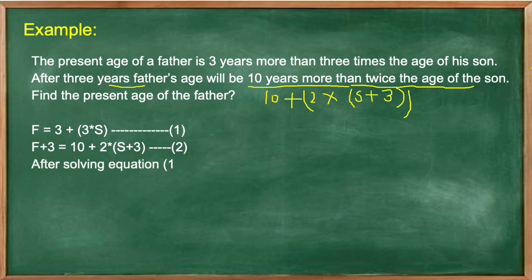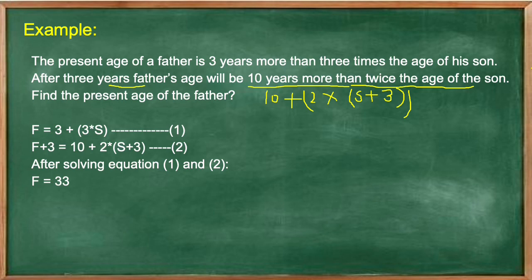And after solving these equations 1 and 2, F is equal to 33. I hope you know how to solve these equations. If not, I will give you a hint. See, the value of F from equation 1 can be substituted into equation 2.